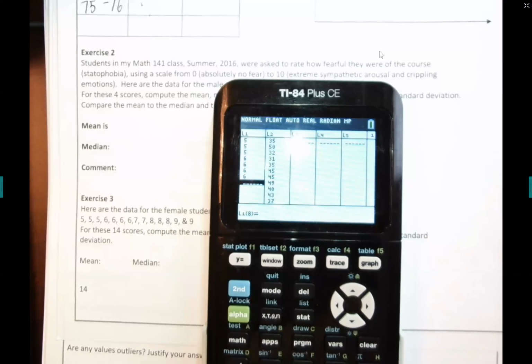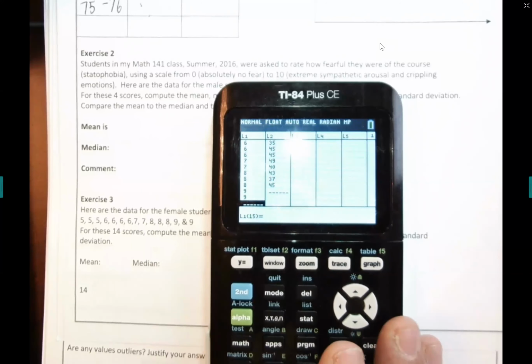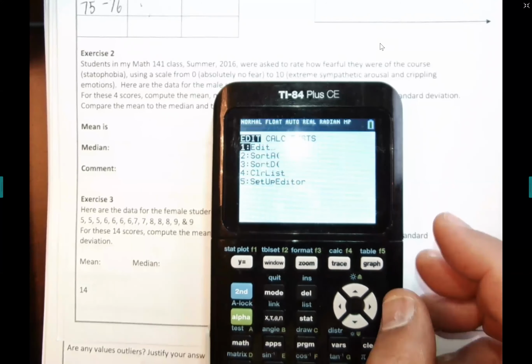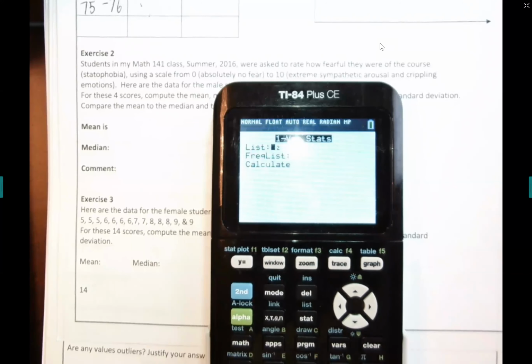Okay, what else do we have? 2 7s, 3 8s, and 2 9s. Okay, I'm ready to find all the answers for you. Stat, calc, one variable statistics. It's in L1. Make sure to change it to L1.